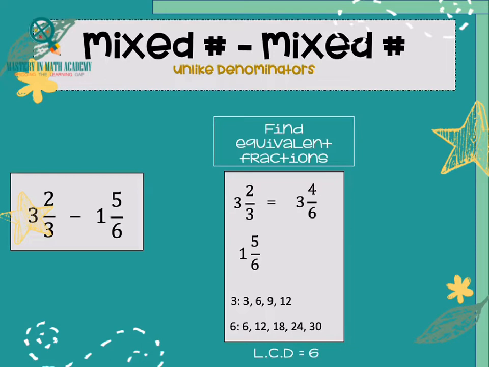And since we are subtracting, we want to make sure that we keep everything together so that we're not forgetting to subtract our whole number when we get to the end, and that we end up with the right answer. Now, 5/6 is how many sixths? 5/6 is the same thing as 5/6 because 6 is already in the denominator. And we said our LCD is equal to 6. You're not going to change that, now are we?